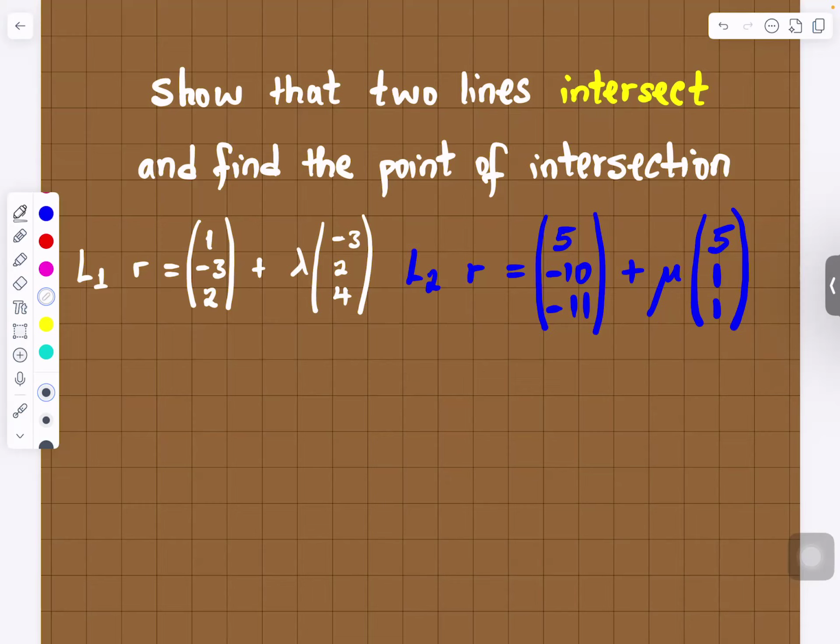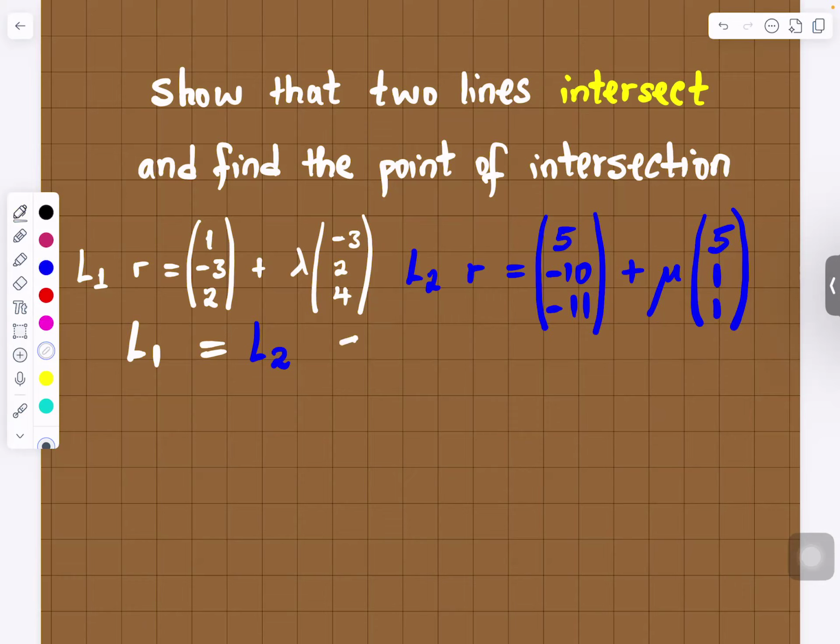Since the lines intersect, imagine the left side, L1, is equal to L2. So we make them equal to each other and solve it. So L1 is equal to L2. That means line 1 is equal to line 2, and then you solve to find where they intersect.